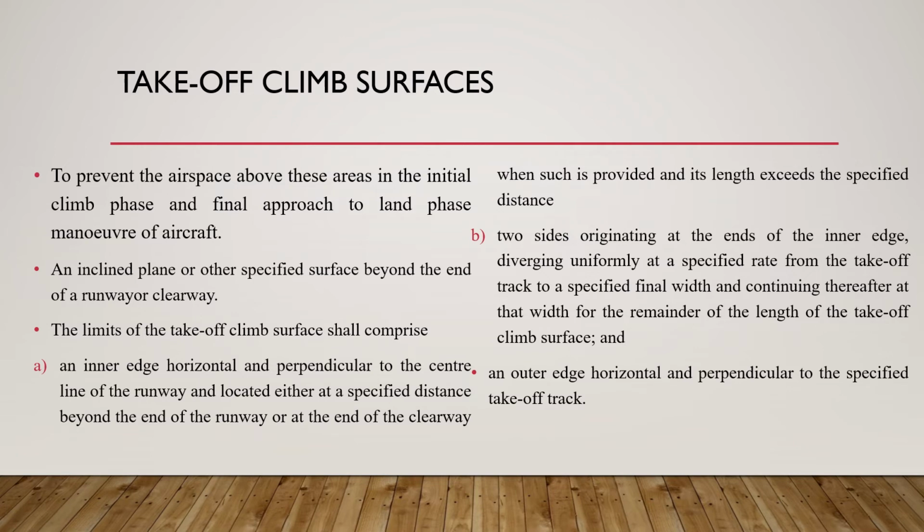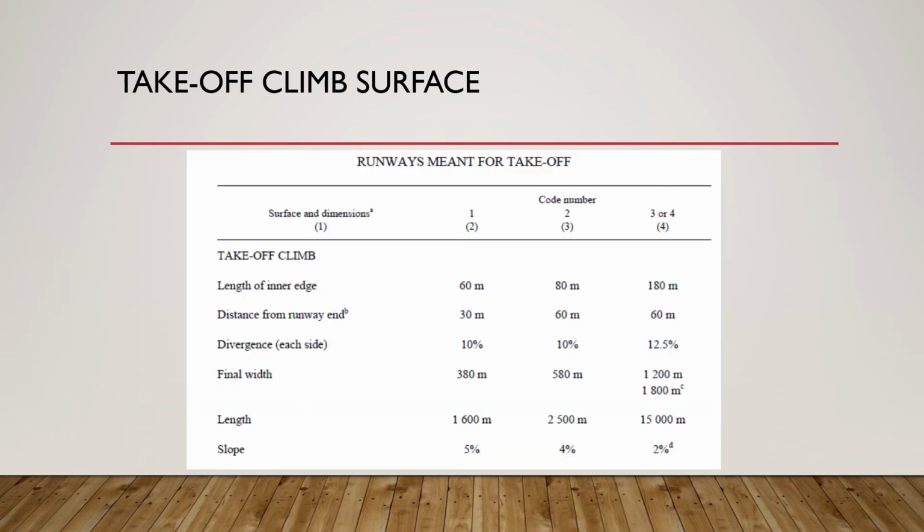The outer edge would be horizontal and perpendicular to the runway center line or the takeoff track. The table shows here the length of the inner edge, the distance from the runway, the divergence on each side, and the final width of the takeoff climb surface with its length and the slope.